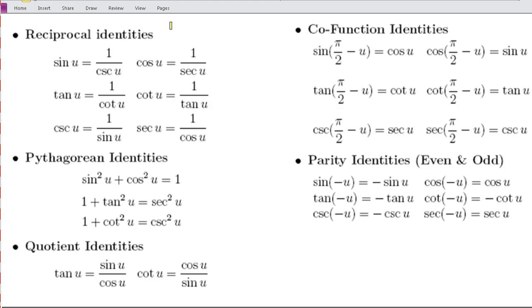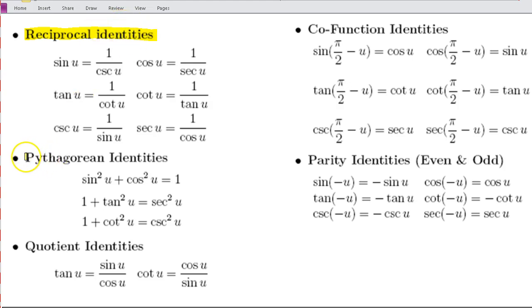So the identities we have here are sometimes called the fundamental identities, and they consist of the reciprocal identities, which again you should know already. We know that sine and cosecant are reciprocal identities. We know that cosine and secant are reciprocal identities, and we know that tangent and cotangent are reciprocal identities. So all of these equalities here are based on our reciprocals.